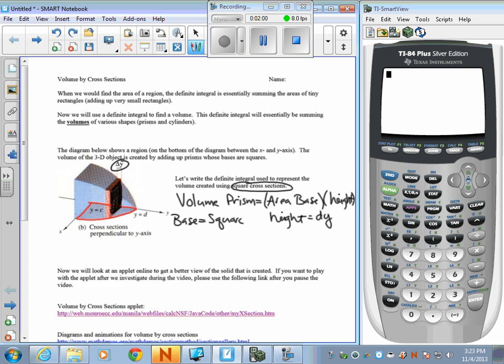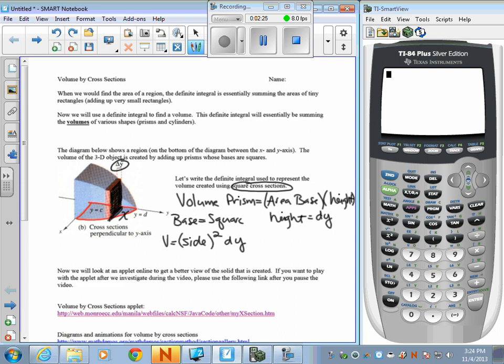Which means now we're going to talk about finding the volume of this thing. So the volume is going to be the side squared, which is the area of the base, because the base is a square and the area of a square is side squared, times dy. Now for this particular function, the side right here is x.